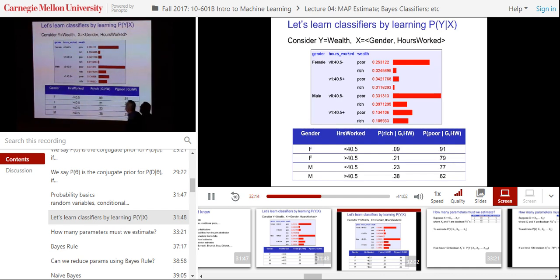If I want to predict what's the probability that you're wealthy, given your gender and the number of hours that you work, then I can use this to, for example, calculate those conditional probabilities. So now if I have a new test example, a new person walks in and says, well, I'm male and I work more than 40.5 hours a week, then I can say, you're probably poor.